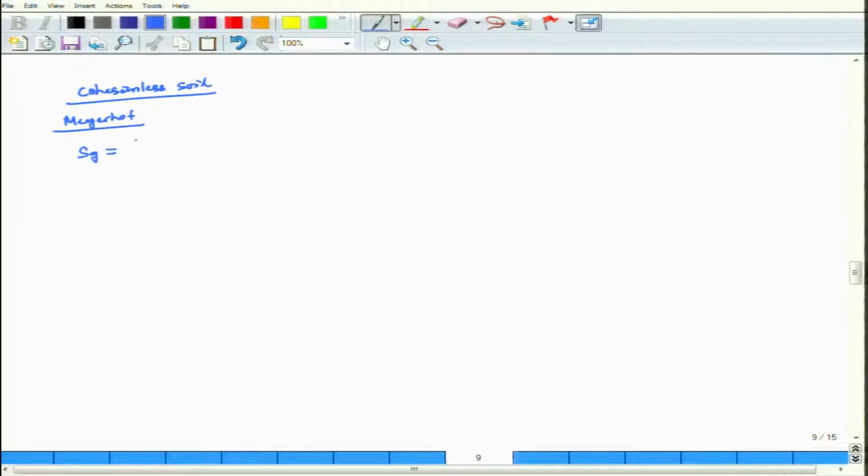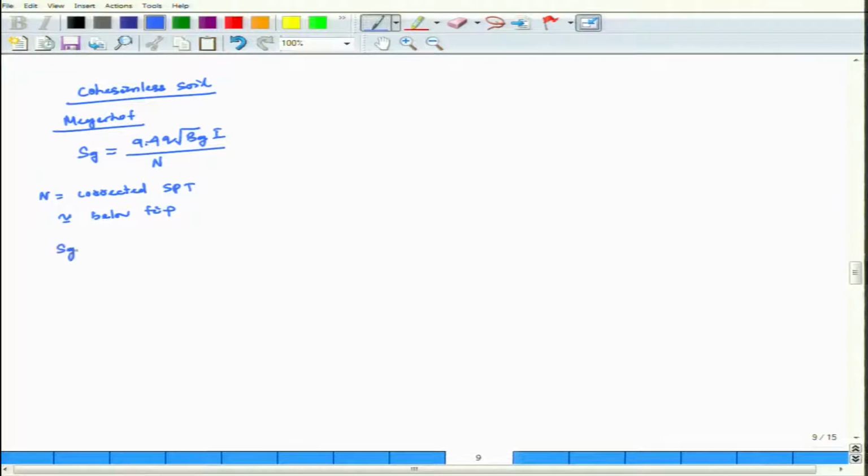Sg is equal to 9.4 Q root over Bg I divided by N. N is equal to the corrected SPT, that means below the tip.